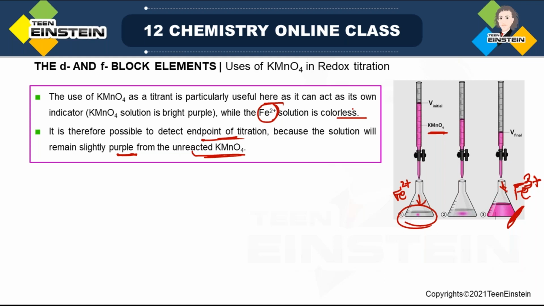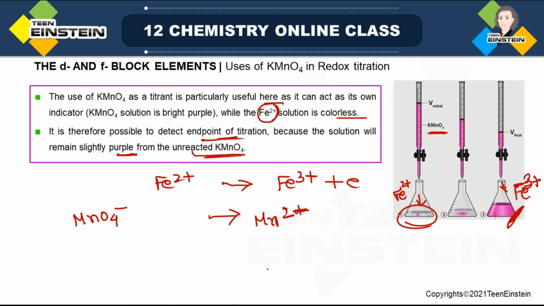So that is why it is possible. So here Fe2+ is converted to Fe3+, it is donating an electron, and MnO4- is converted to Mn2+.